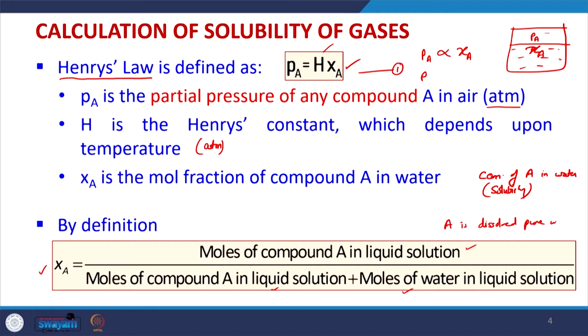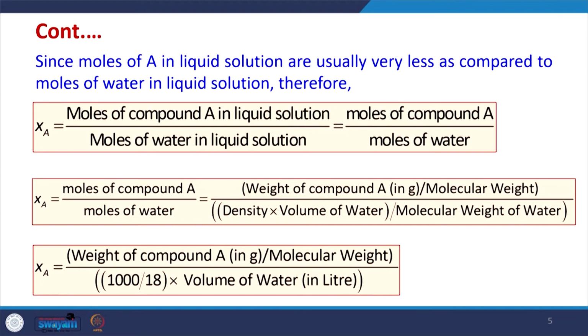Now, moles of A in the liquid solution will always be very small, because it is only up to a certain limit and that limit is very low. So it is negligible compared to the moles of water in the liquid solution.